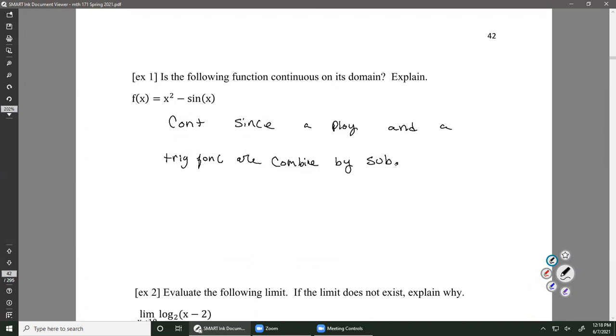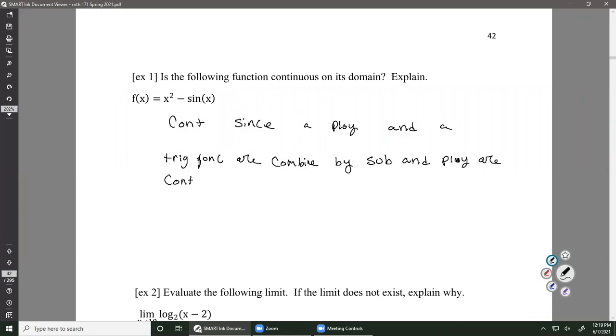Is the polynomial function continuous on its own? Yeah, polynomials are continuous. And are trig functions continuous by themselves?